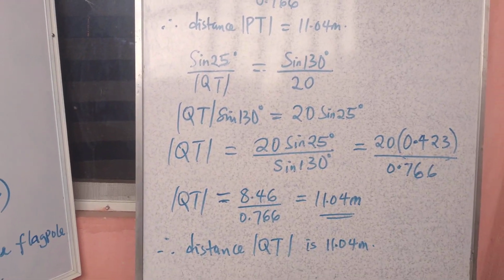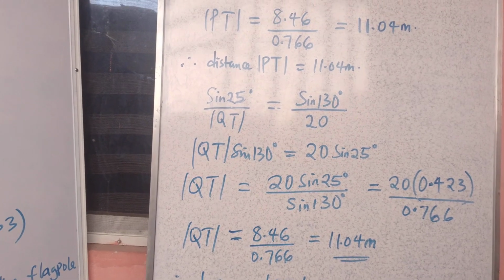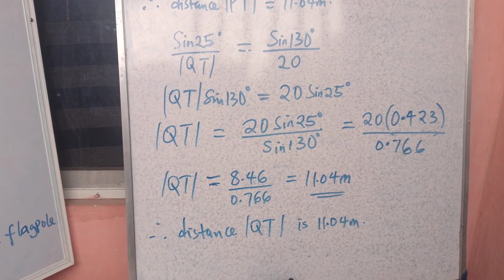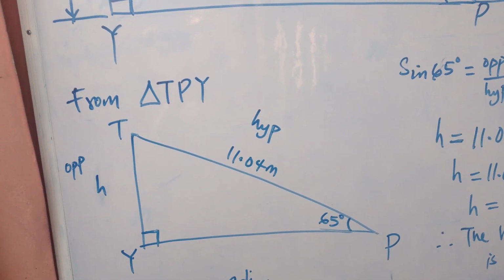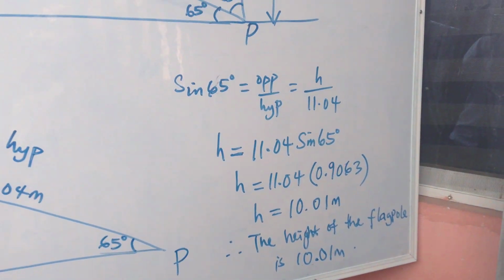You also observe that distance QT and distance PT are the same. Distance PT is 11.04 and distance QT is also 11.04 meters. The height of the flagpole is 10.01 meters.